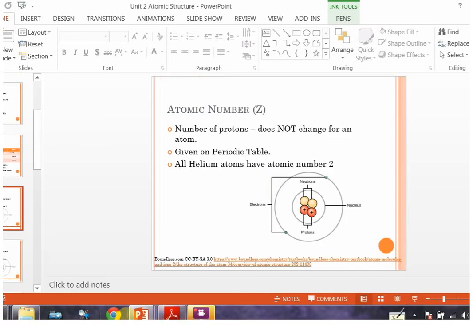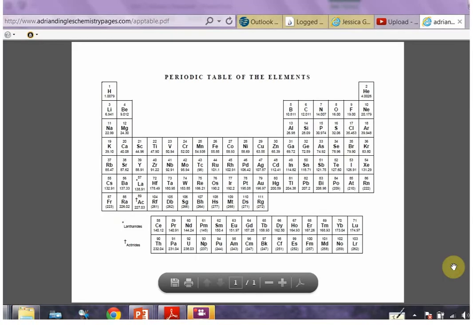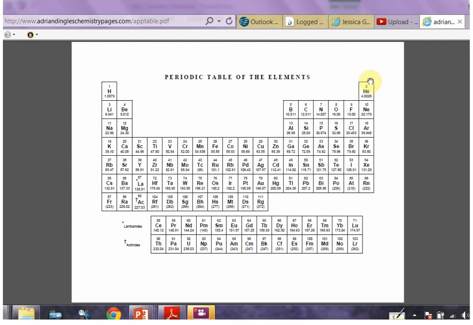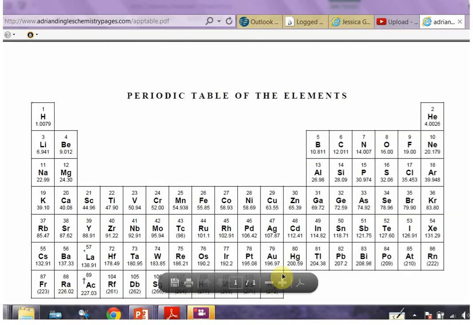When you take my exam, this is the periodic table you will get. You can see there are no names on this. However, there are lots of numbers. The numbers at the top are our atomic number. The numbers on the bottom of the elemental symbol are the atomic mass.